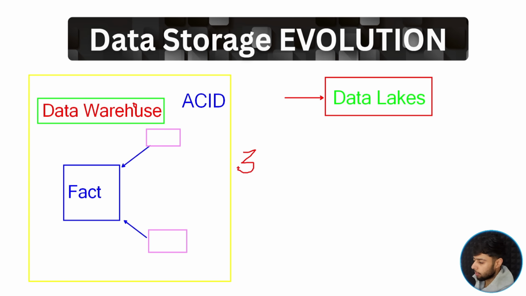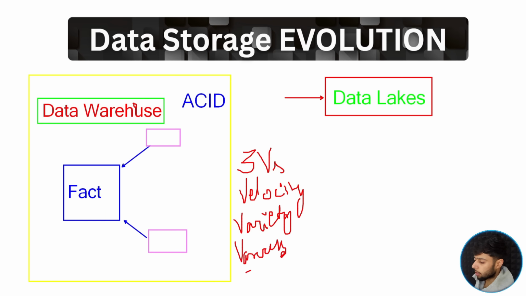we also call them the 3 V's. And just for information, now we have 6 to 7 to 8 to 9 V's, but these were the initial 3 V's, which are velocity, variety, and veracity, I guess. So these 3 V's, what is velocity?